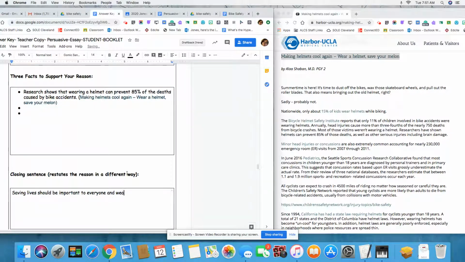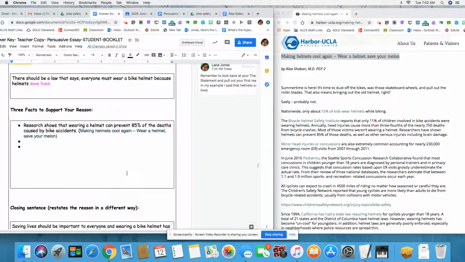And wearing a bike helmet has been proven by the experts, because people don't care what I think. A bike helmet has been proven by the experts to save lives. All right, so that's my concluding sentence for this paragraph, okay?